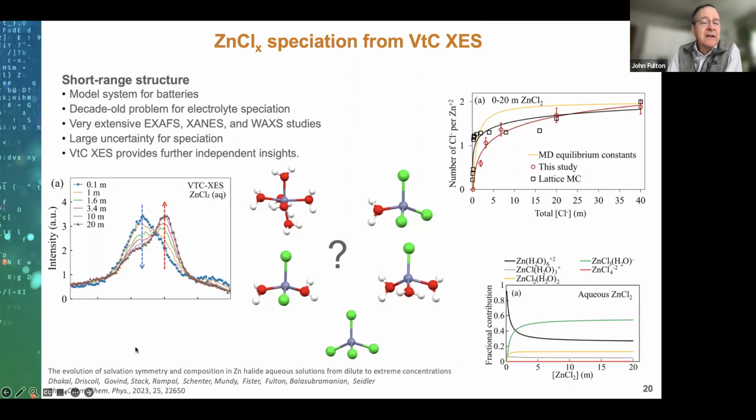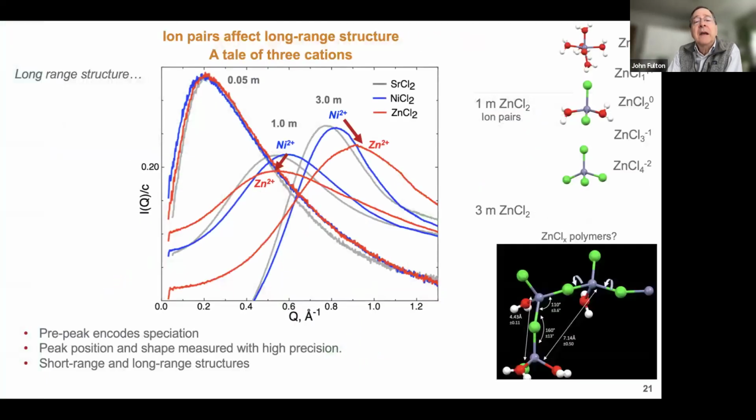Recently, Jerry and his student DeWash did some X-ray emission spectroscopy, and this made significant progress in helping us reduce the number of variables here, but still not a complete solution. So it's interesting to see whether the pre-peak information can help us along with resolving this question.